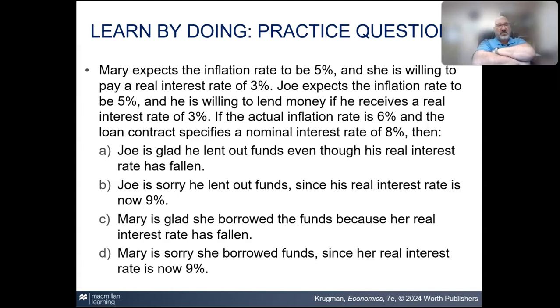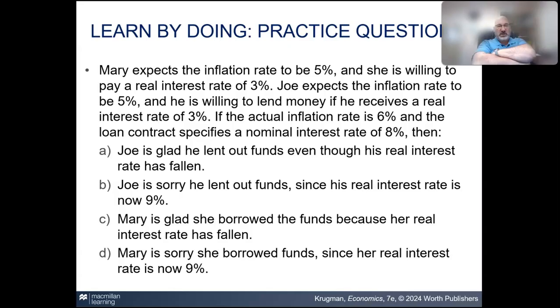Practice question 6. Mary expects the inflation rate to be 5% and is willing to pay a real interest rate of 3%. Joe expects the inflation rate to be 5%, and he's willing to lend money if he receives a real interest rate of 3%. The actual inflation rate is 6%. The loan contract specifies a nominal interest rate of 8%.